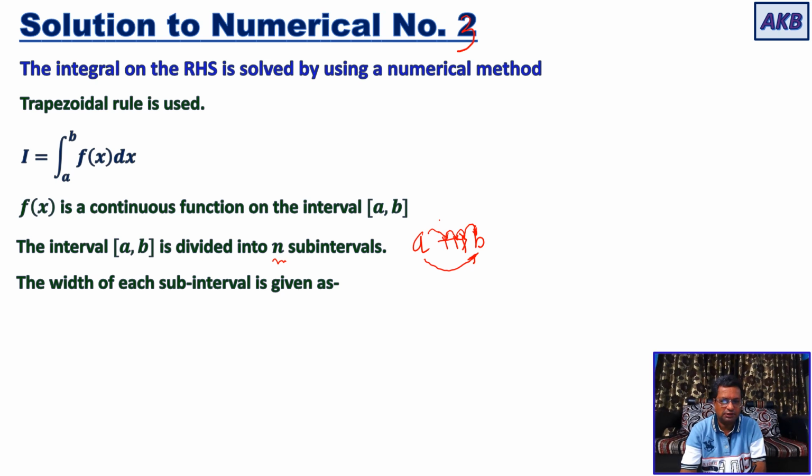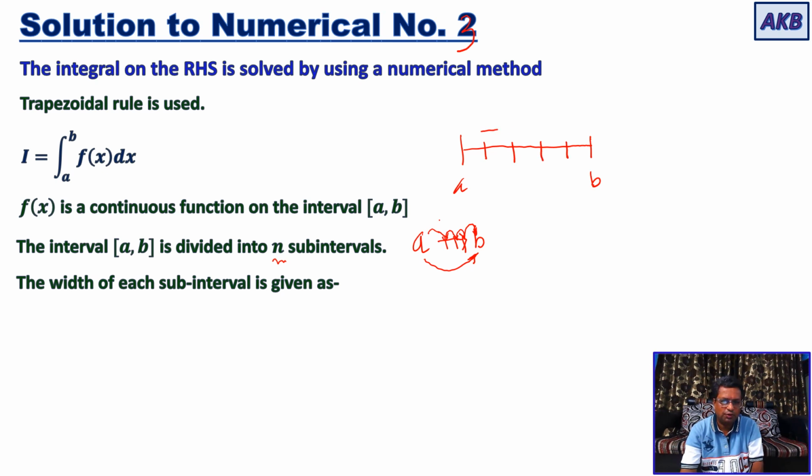So you have a, you are supposed to go to b, and you have this distance, and now you are dividing it into small distances.